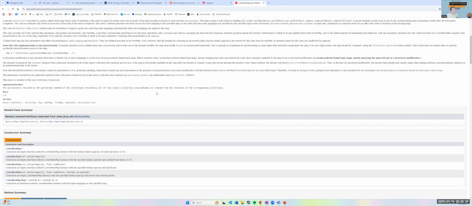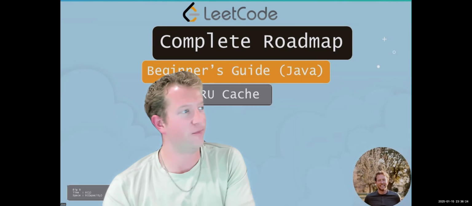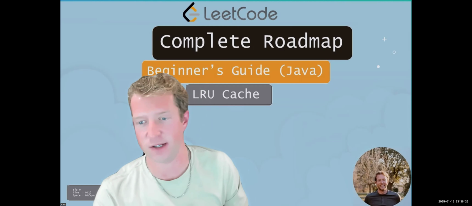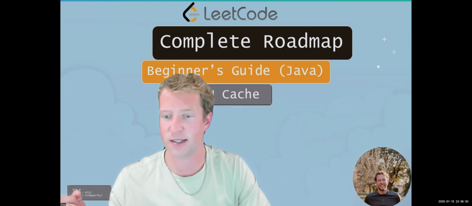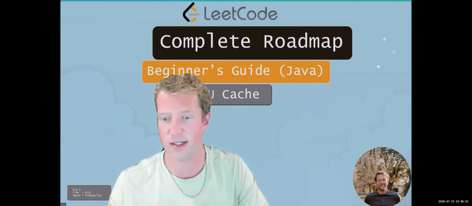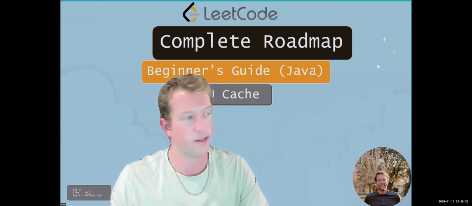I guarantee the interviewers probably won't like the fact that you're ignoring half of the work they're wanting you to program. So this solution, if you can see down here, is O(1) per time and O(capacity) for space.